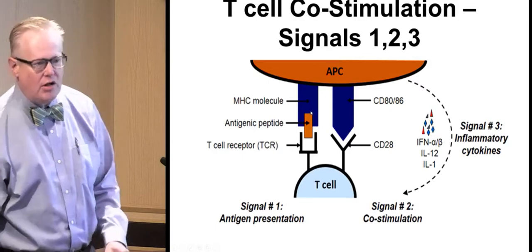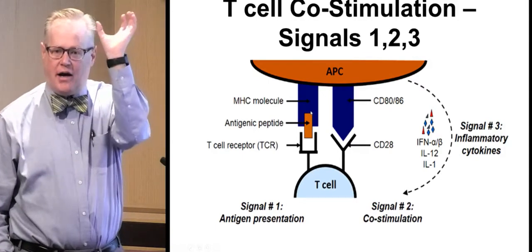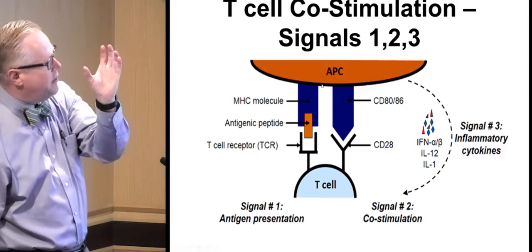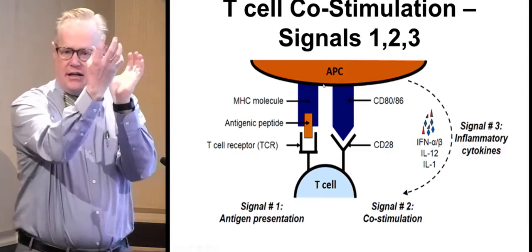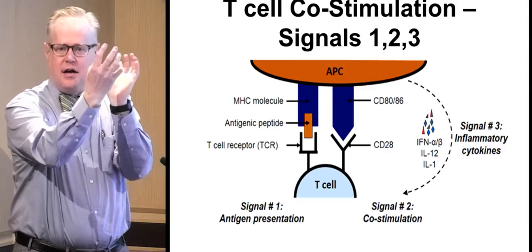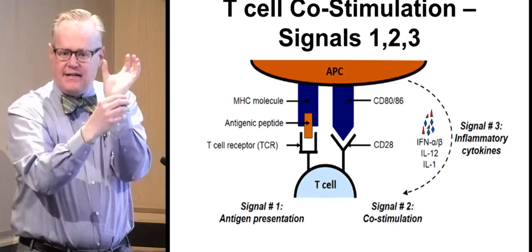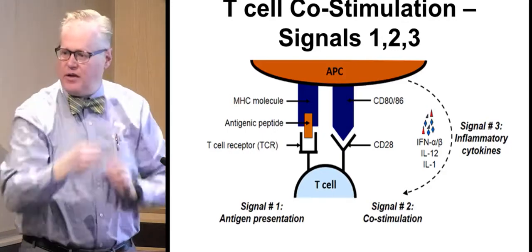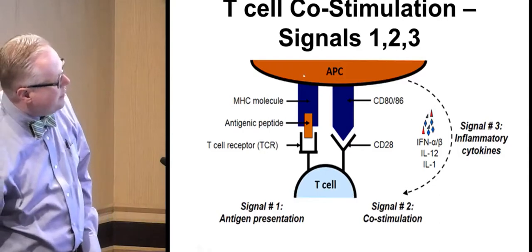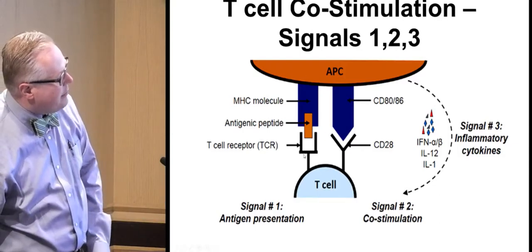Remember that the MHC molecules are kind of like a hot dog bun on a stick in the membrane of the antigen-presenting cell, and then the peptide is like a little cocktail weenie that sits in the hot dog bun, and then the T cells see that with their T cell receptor. And so that is signal number one.